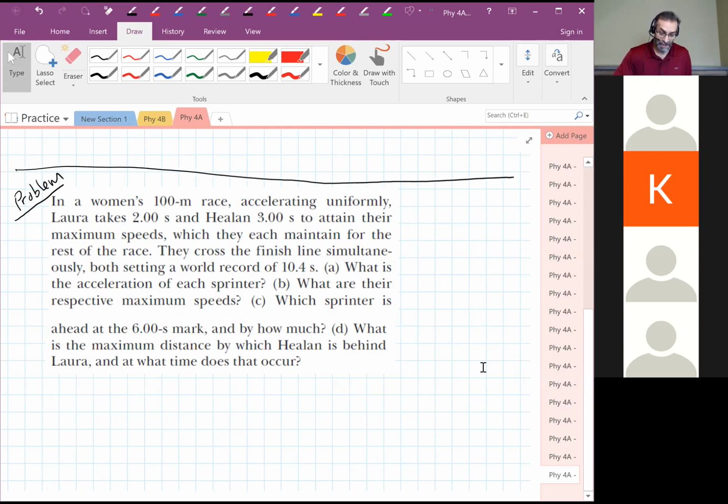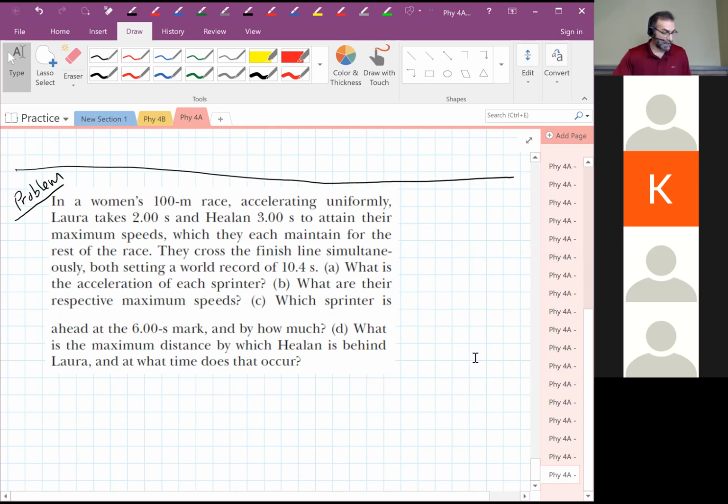They cross the finish line simultaneously, both setting a world record of 10.4 seconds. Find the acceleration of each sprinter, their maximum speeds, which sprinter is ahead at 6 seconds, and by how much, what's the maximum distance by which Helen is behind Laura, and what time does that occur?